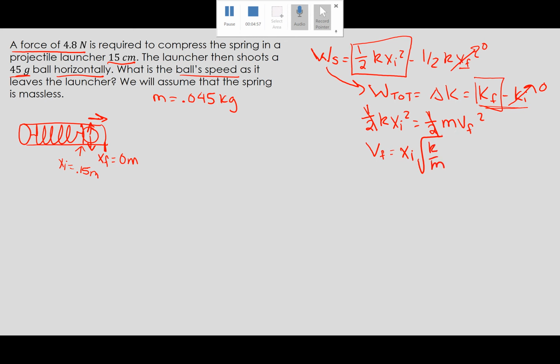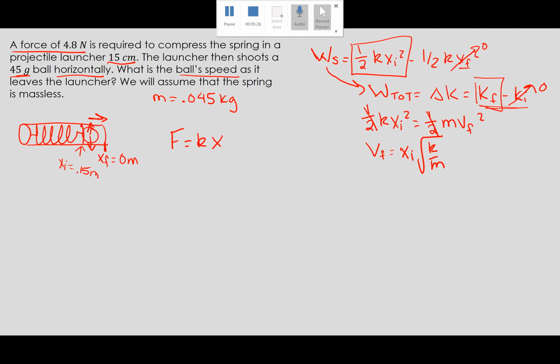Right? We know the mass of our ball. We know the amount of compression of our spring. The only thing we're missing here is our k. Remember, k is our spring constant. And that does come from the other pieces of information we were given. We're given the force required to compress it by that much. Well, that actually brings us to something we learned a little bit sooner than that, and that's Hooke's law. The force required is proportional to the amount of stretch or compression.